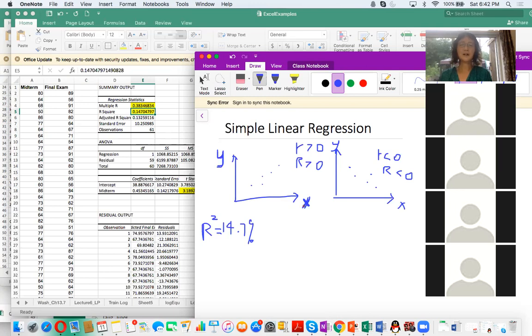Or midterm contributes 14.7% to the final exam mark. Okay, so that is the R square. R square has another name, coefficient of determination.